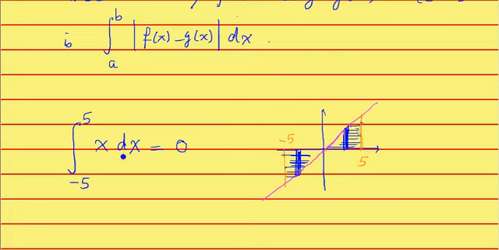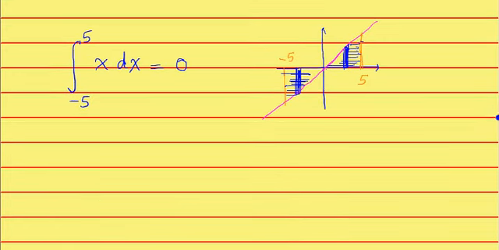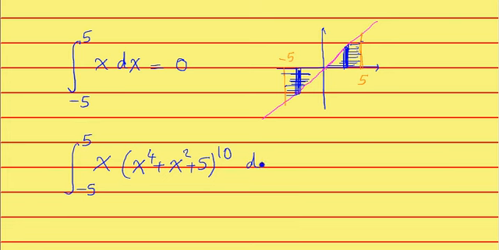This problem is straightforward for you to calculate on your own and find out the answer is actually like that. Now, if the problem had been made much more complicated, like if I had written x times (x to the power of 4 plus x squared plus 5) to the power of 10, say from -5 to 5, I would say the answer is again 0.